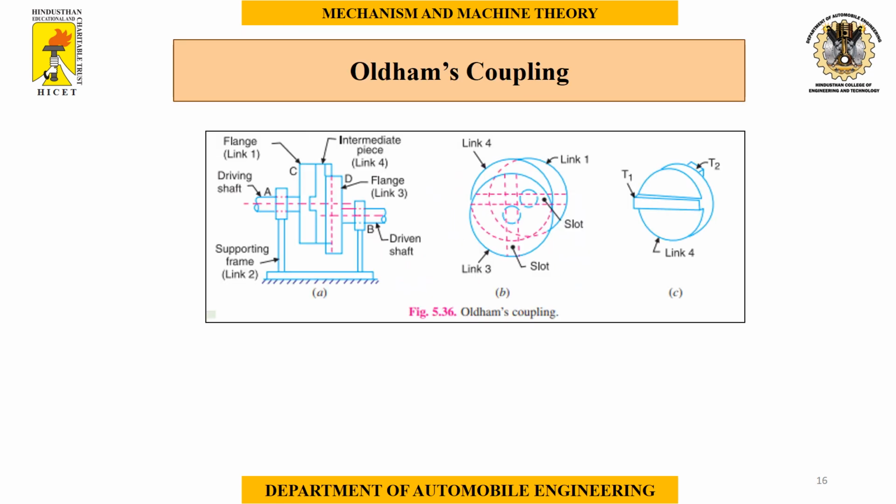And the last one is the Oldham coupling. The Oldham coupling is used to connect two non-aligned shafts. Here you can see that cylinder or plate C has a hole in the center, where cylinder D has a hole in some other position. But if we need to transmit the movement of C and D in a straight line or in a single pipe, what we need to use is the Oldham coupling.